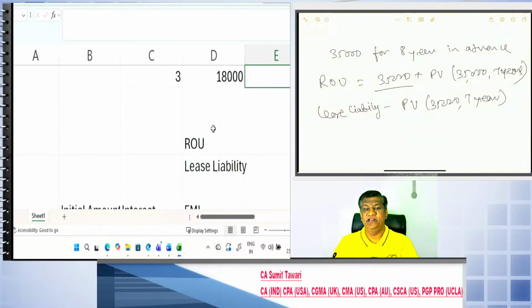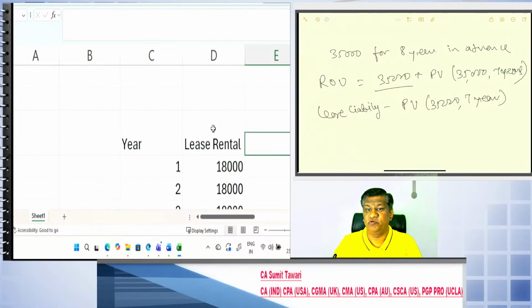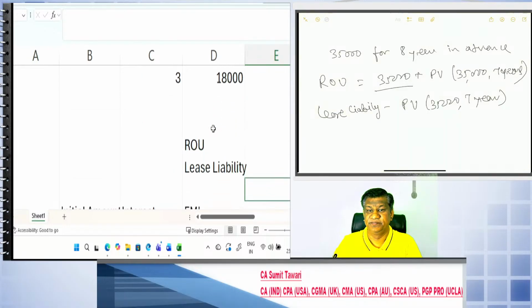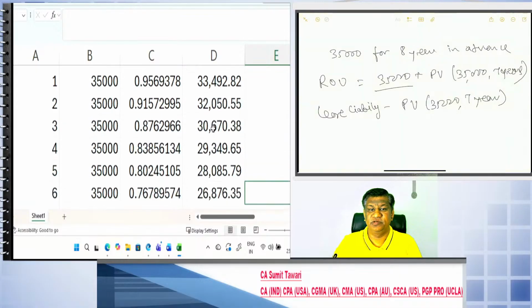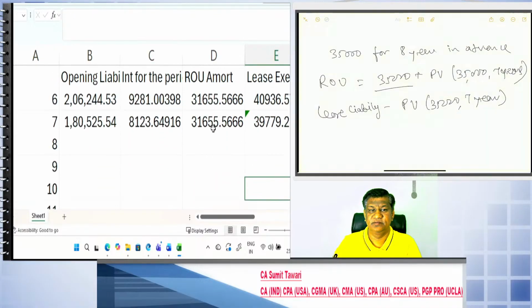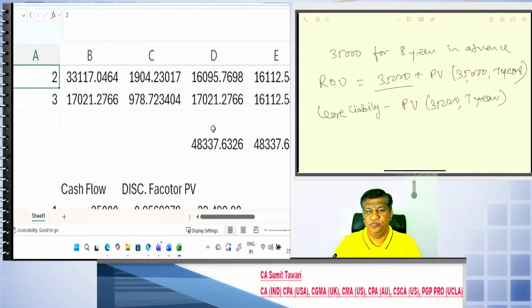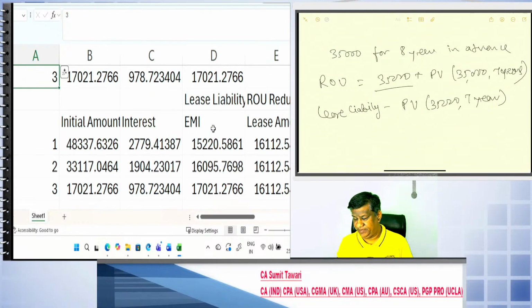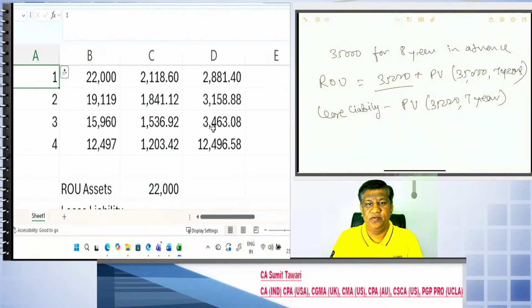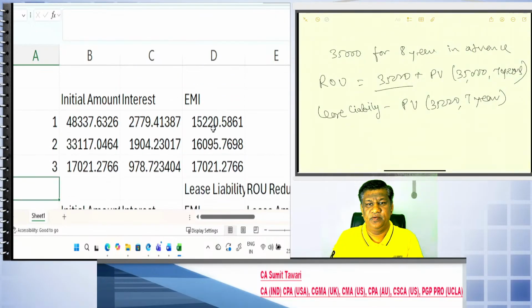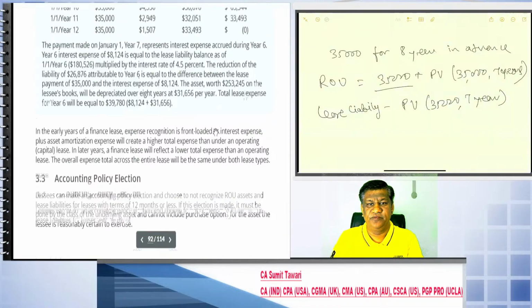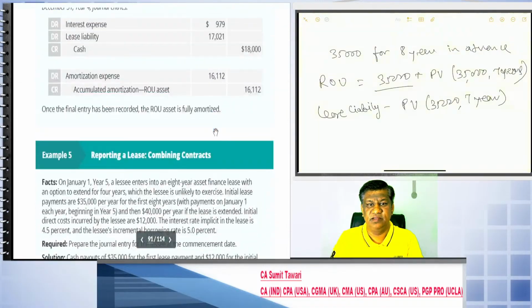See, if you find any difficulty or the screen is not rotating, just raise your voice. Otherwise I'm not able to understand. Okay, so where we can start again.